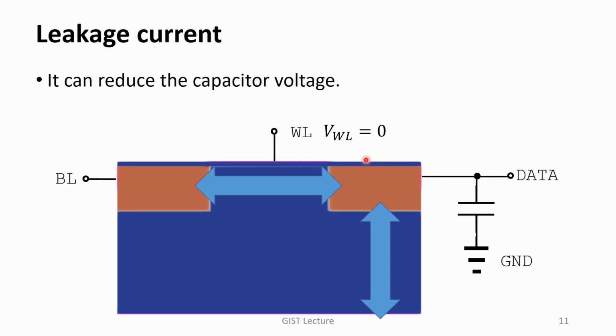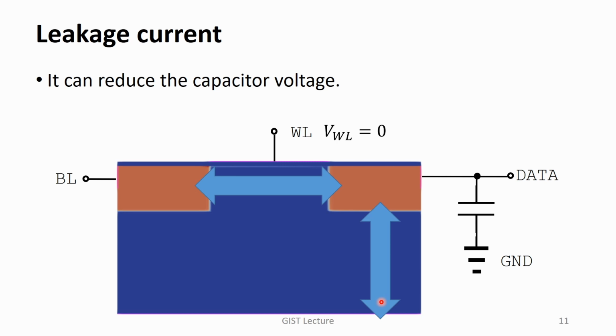Of course, the gate of the MOSFET, the word line, is biased to 0. Even in this condition, we may have a small leakage current. The channel leakage may exist. Also, the junction leakage may contribute. These leakage currents introduce the reduction of capacitor voltage.